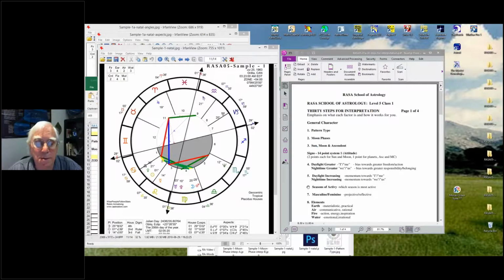So when you look at these three, Gemini's daylight increasing, the other 4 points are nighttime increasing, but all three are in the daylight is greater. So this basically means my way or the highway. I'm doing it this way. Don't tell me how to do things.